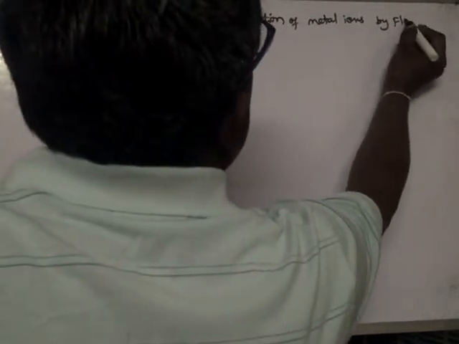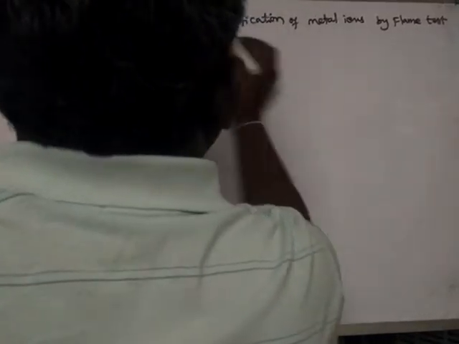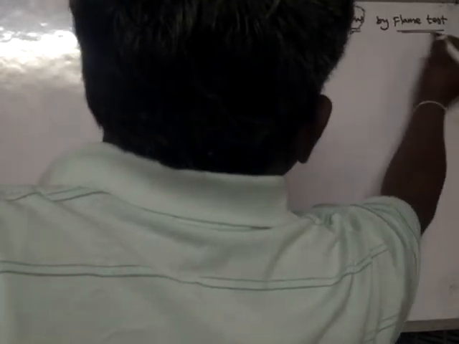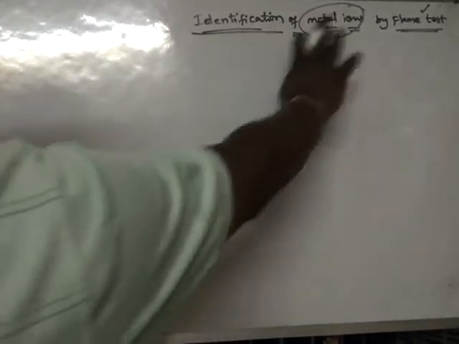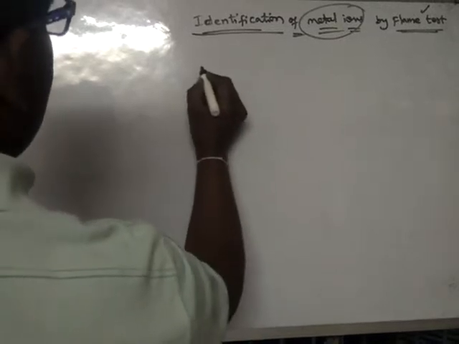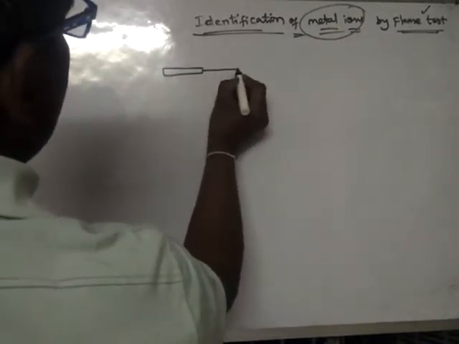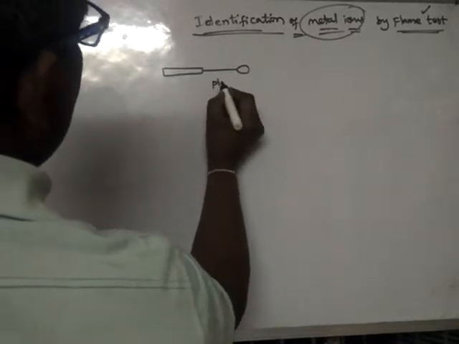The flame test helps us to identify the metal ion present in the given substance. In order to perform this test, we have to use a platinum loop. This is known as a platinum loop.